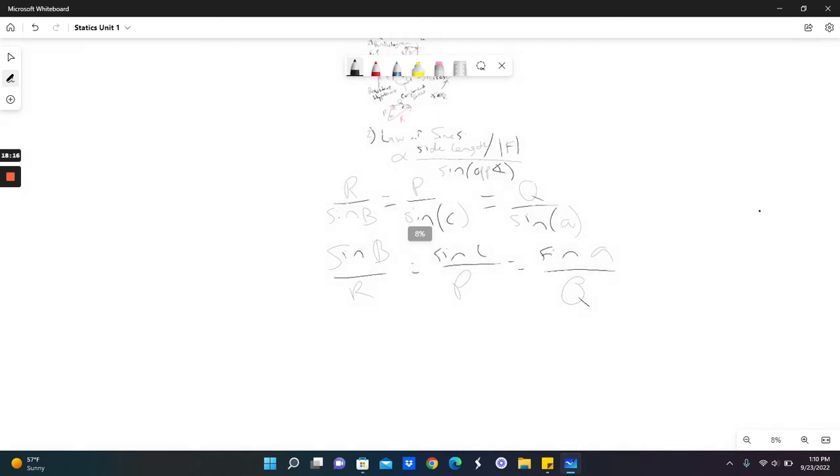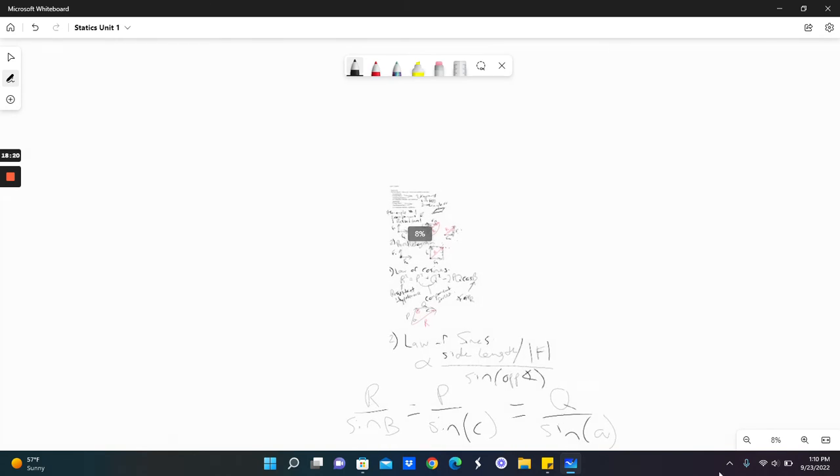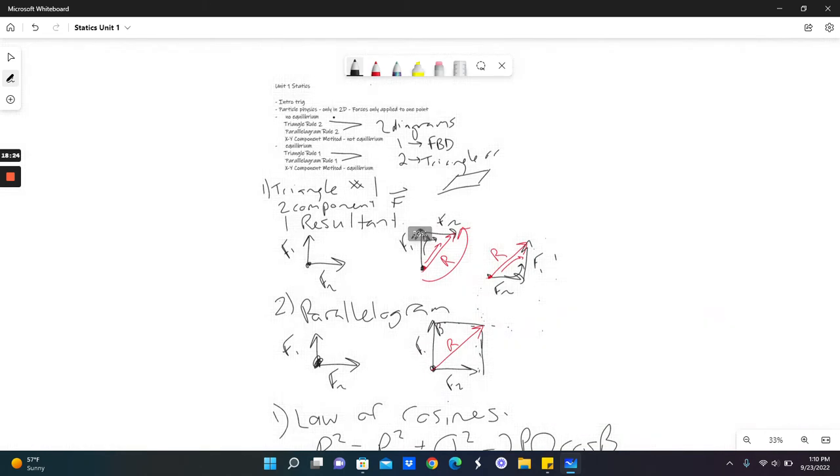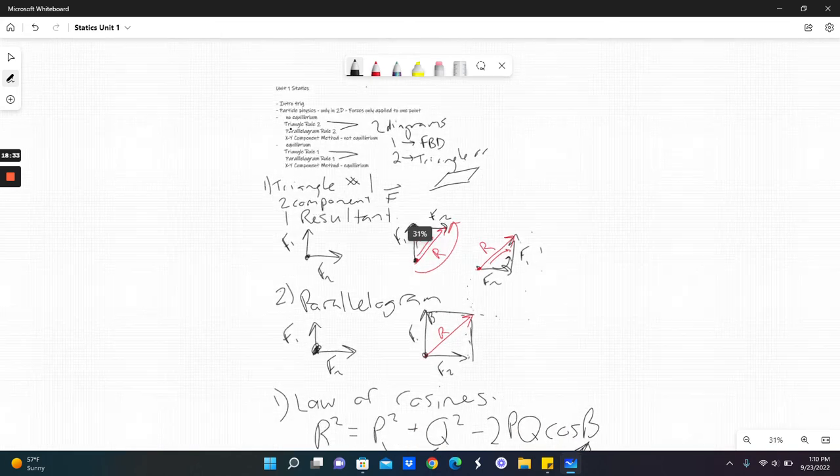Okay, where does that put us? We're getting bigger as we go down. We're getting like a wide triangle effect here. Okay, so let's stay with not in equilibrium conditions.